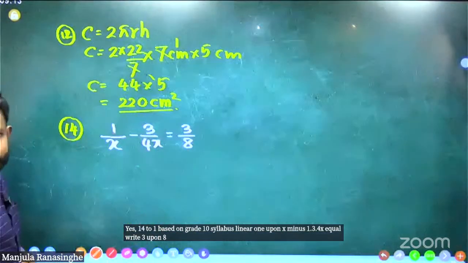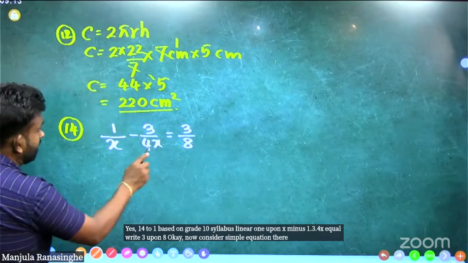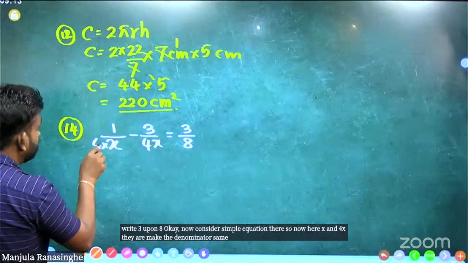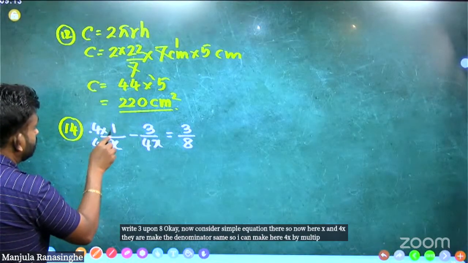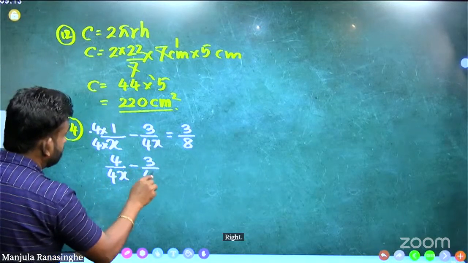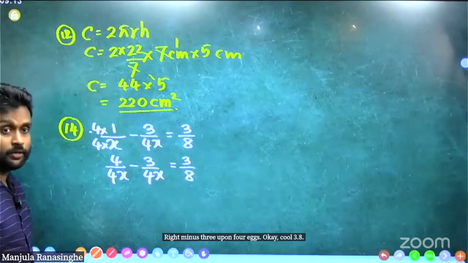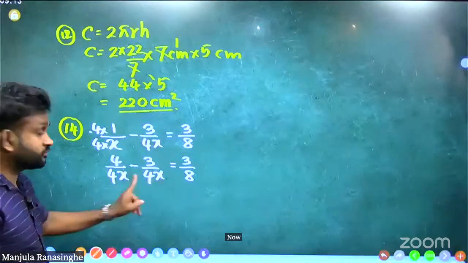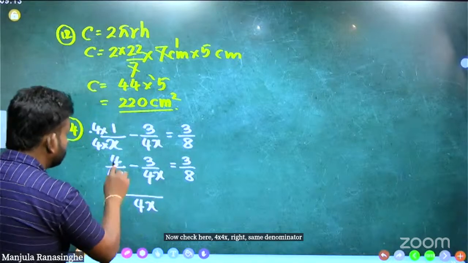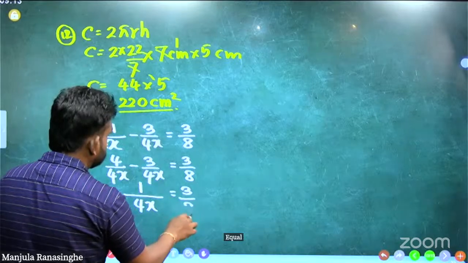Now consider this simple equation. Here x and 4x, make the denominator the same. So I can make it 4x by multiplying by 4. Then 4 into 1, 4 upon 4x, minus 3 upon 4x, equal to 3 upon 8. Now check here, 4x, the same denominator, then subtract the numerators: 4 minus 3 is 1, equal to 3 upon 8.